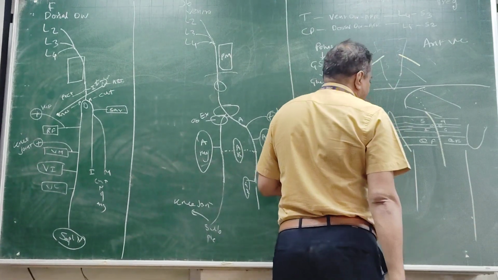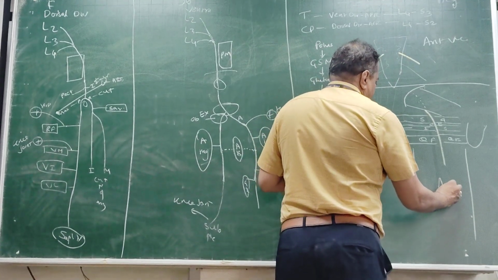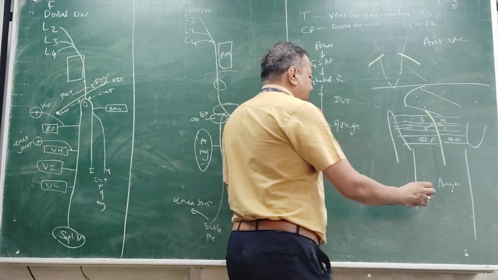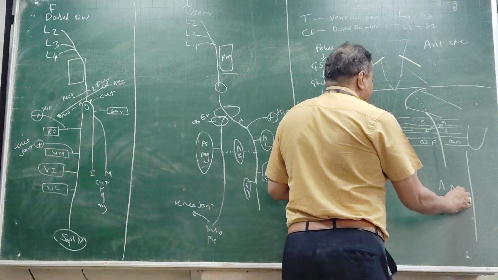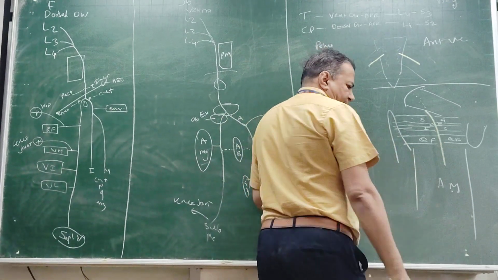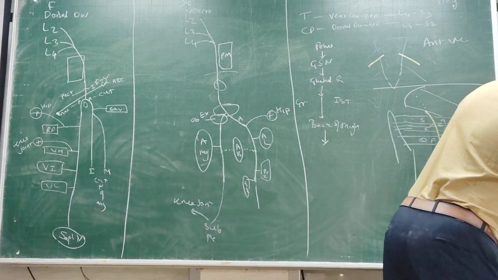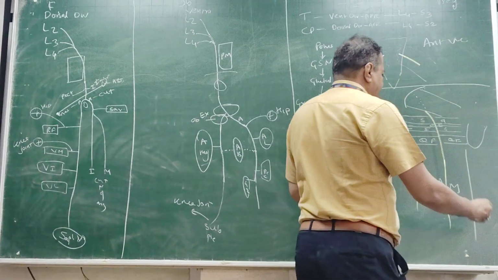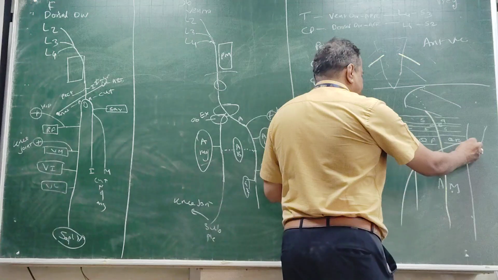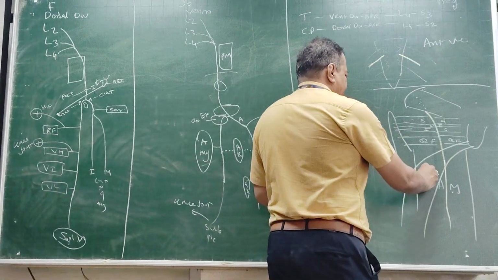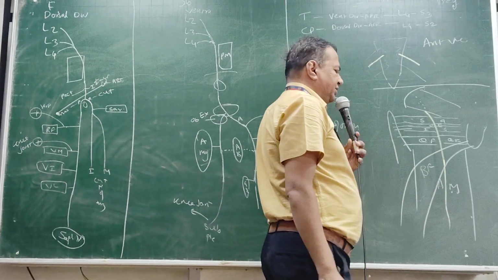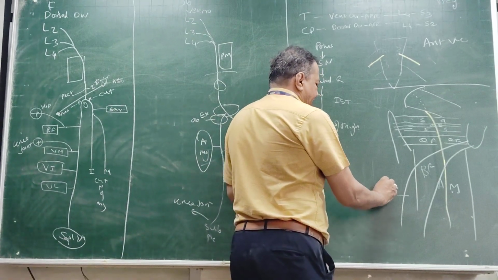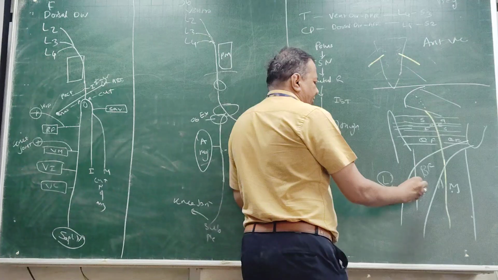On the back of the leg, its deep relation is adductor magnus. The nerve lies on the adductor magnus. So anterior or deep relation is adductor magnus. Posterior relation is biceps femoris, which is crossing it. Lateral relation is biceps femoris.